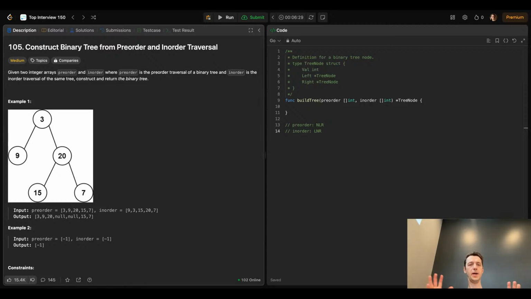Let's go from the top down. If we just have a bunch of numbers, the thing about a binary tree, just a binary tree, is there is no order in it. You can create any type of tree, any kind of structure.